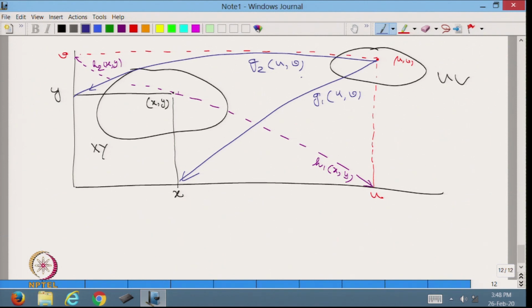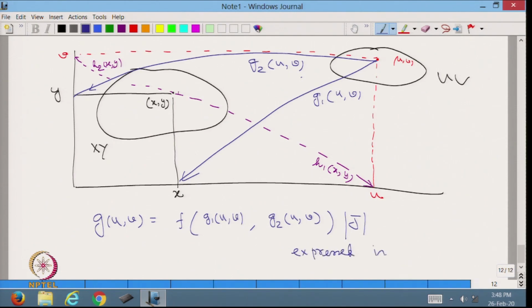And we have got that g of uv is equal to f at g1 at uv, g2 at uv multiplied by the Jacobian and expressed in terms of uv.